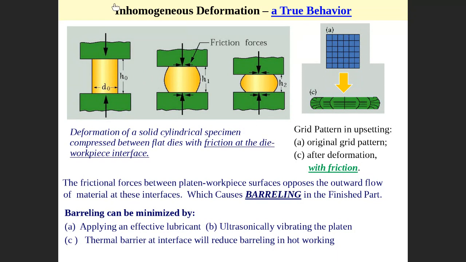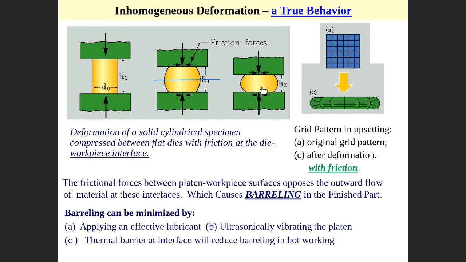However, in the middle, material can flow more easily. Then you can see that material will flow more in the middle, less at the edge. Then we get what we call the barrel shape.